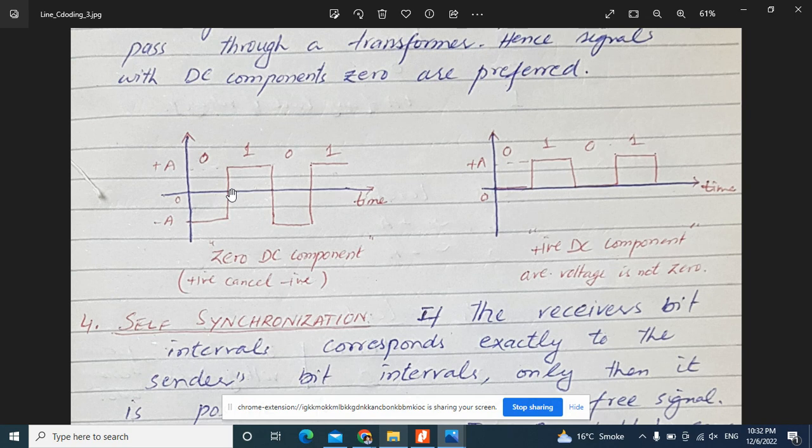That is why you can say there is a zero DC component.